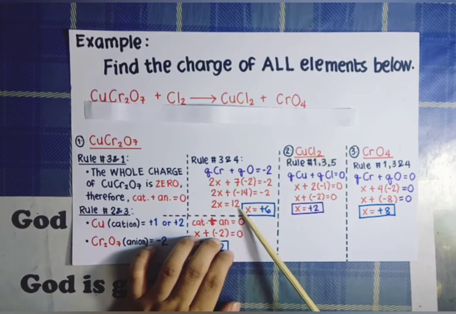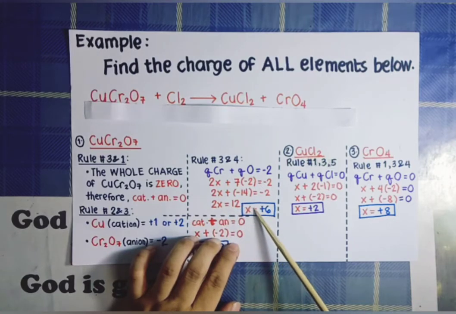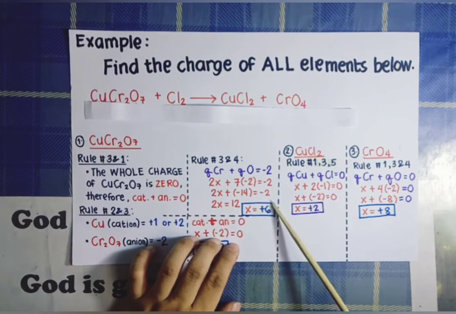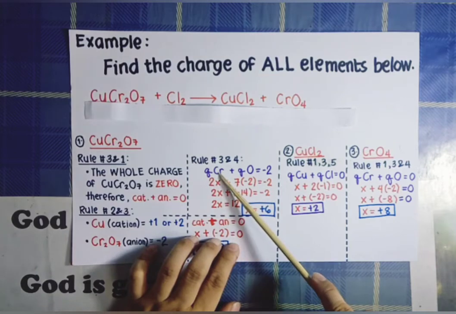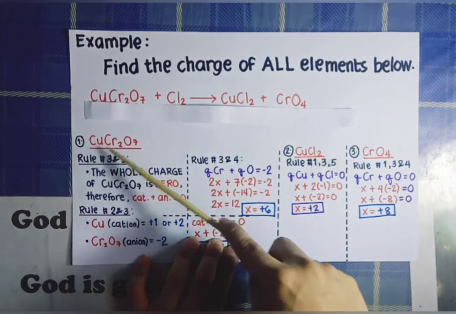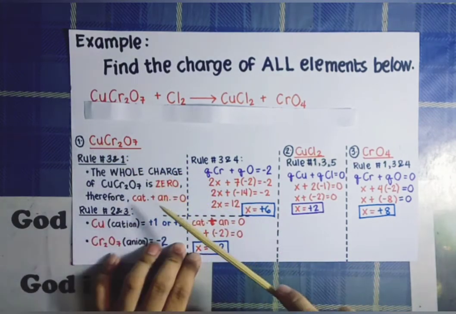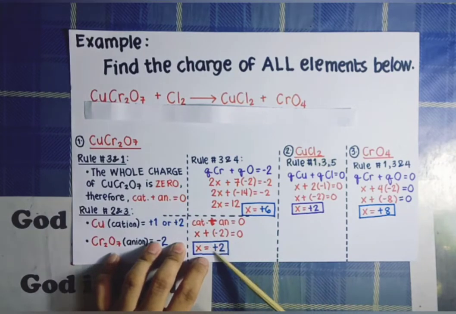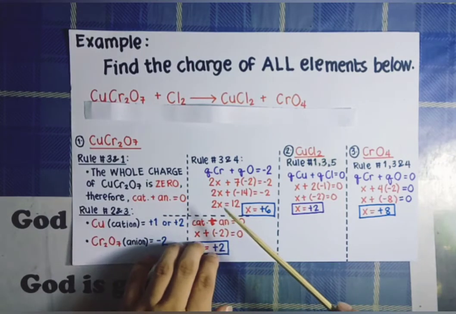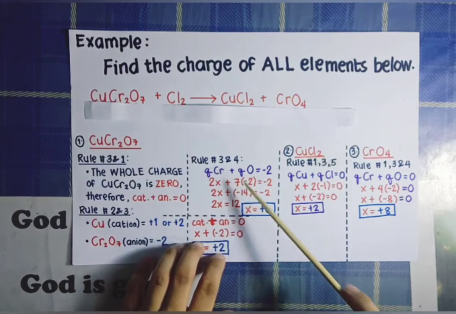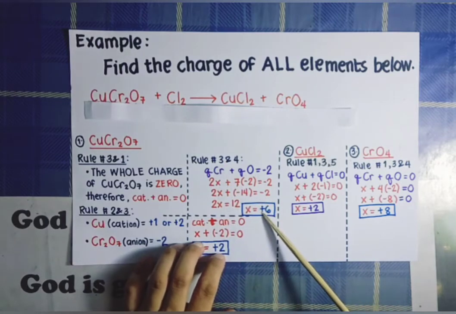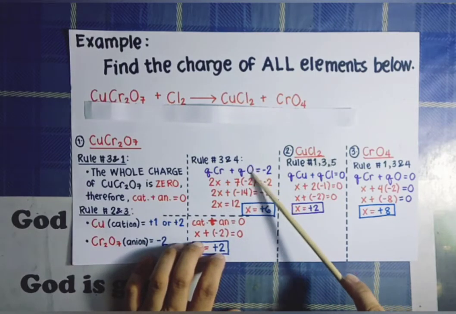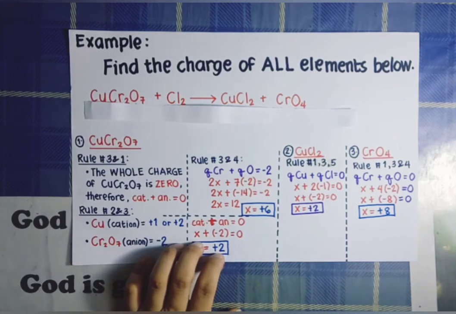And by simplifying this equation, we will have x is equal to positive 6. This is now the charge of chromium. Again, the charge of copper here is positive 2, which we already determined earlier. The charge of chromium is positive 6 according to our equation, and the charge of oxygen according to rule number 4 is negative 2.